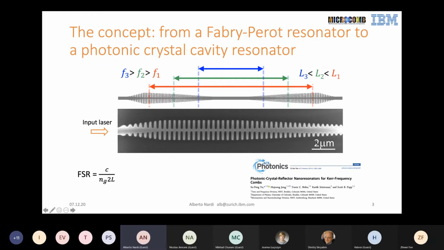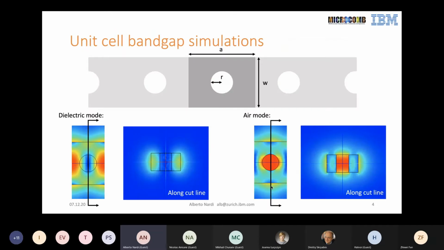This image is taken from this paper from Scott Popp's group in Colorado, and we started from this idea to develop our own device. In our case, we are not using external corrugation, but we are using holes to produce this mirror.